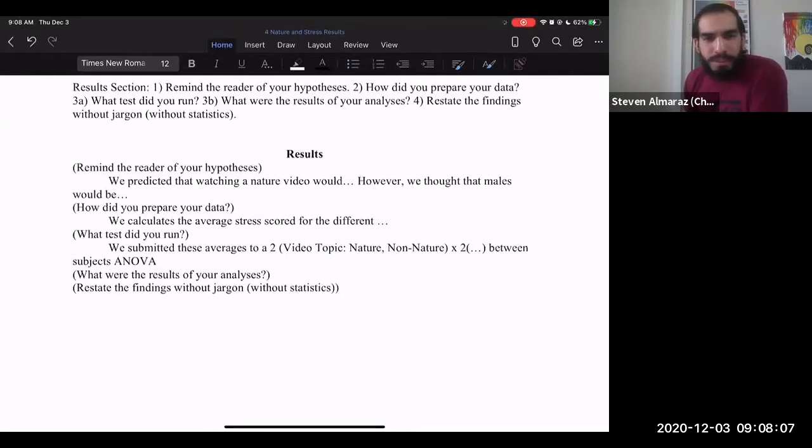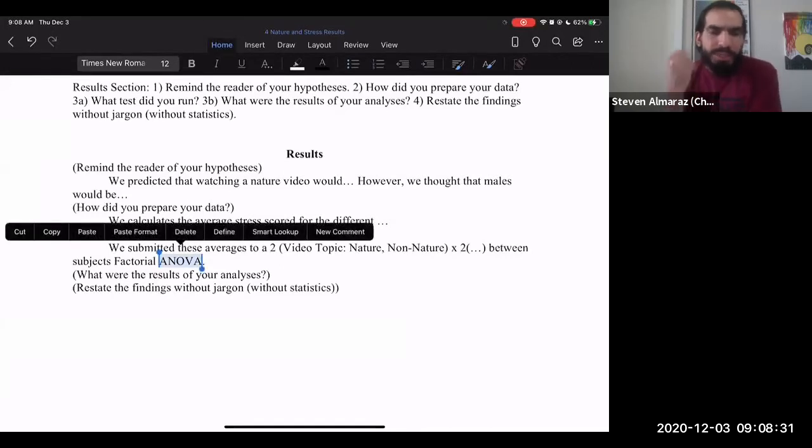Well, really, it doesn't matter. But we submitted these averages to a 2 by 2 between subjects ANOVA. You could also say factorial. I don't usually say factorial, but technically speaking, that's a more correct way of saying it. So between subjects factorial ANOVA.